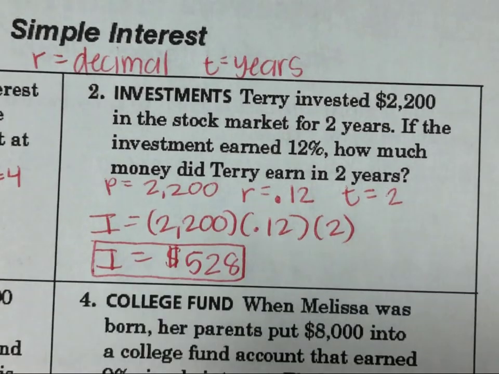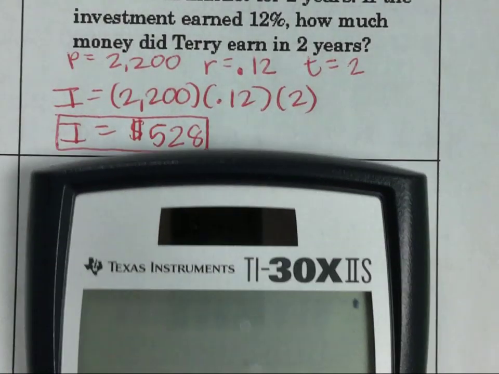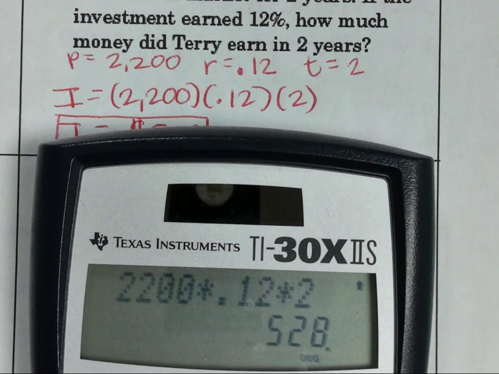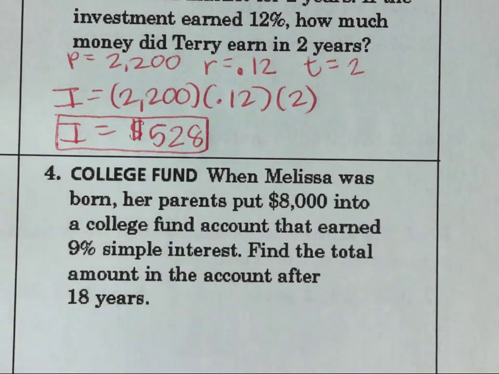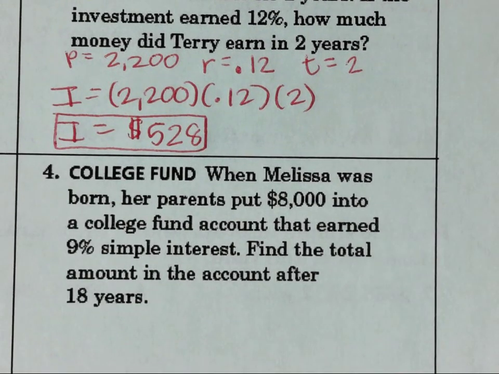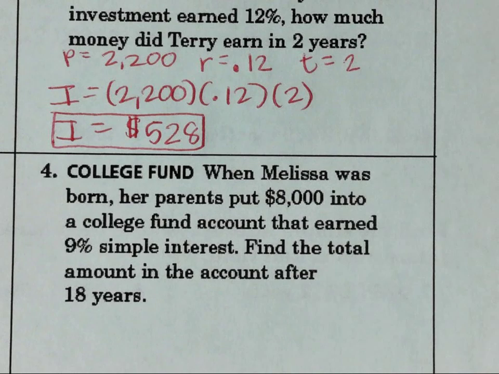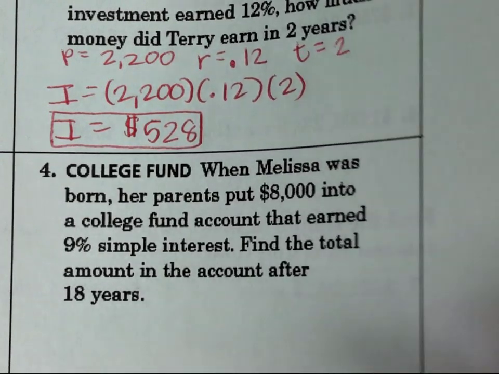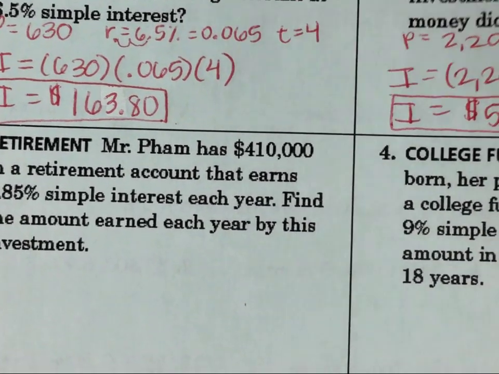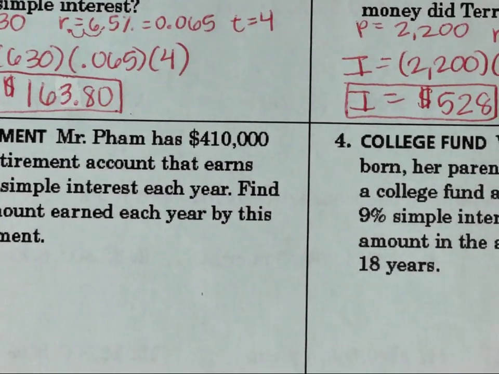So if I'm plugging all this in, times 0.12 times 2, I get $528. Okay. Questions on that one? I'm going to skip number 3 if that's okay, because it's exactly like numbers 1 and 2. And we're going to move on to 4. Is that okay?